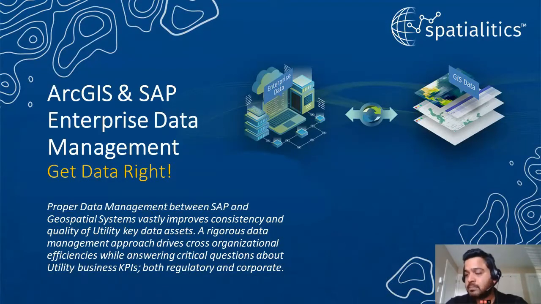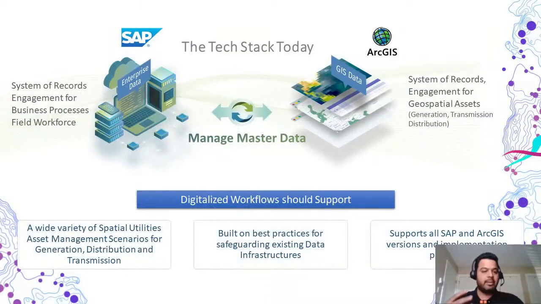Throughout the demo, I'll show you the integration between these two systems. But before I do that, I just want to set a preamble for our audience. A lot of you within your organizations, which are asset intensive, would have two enterprise systems.